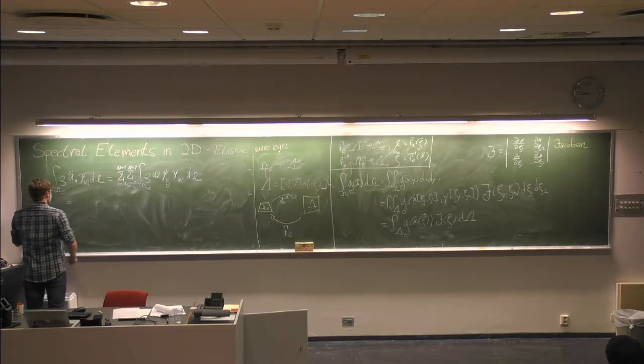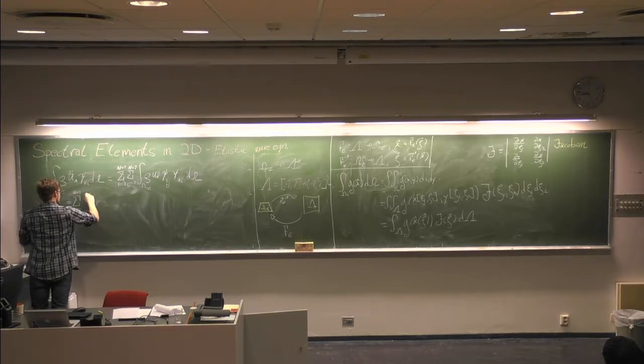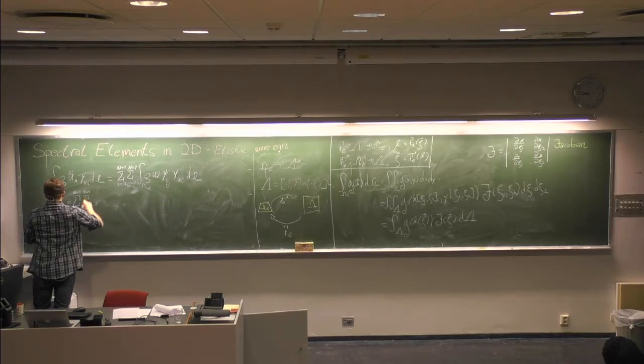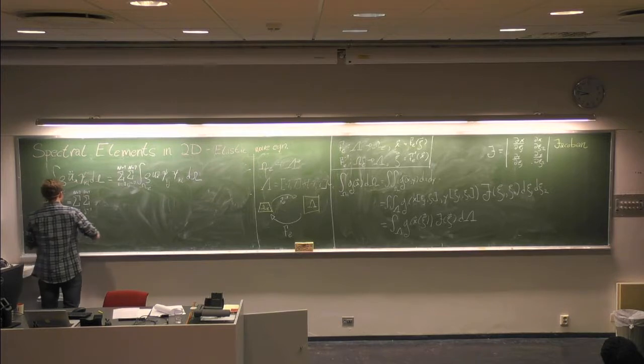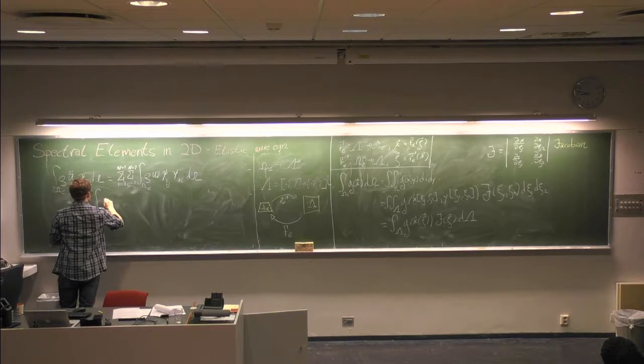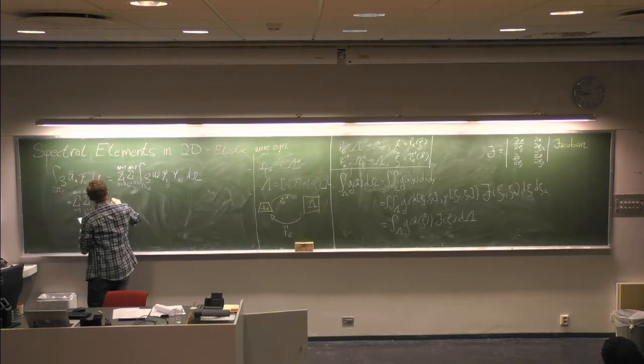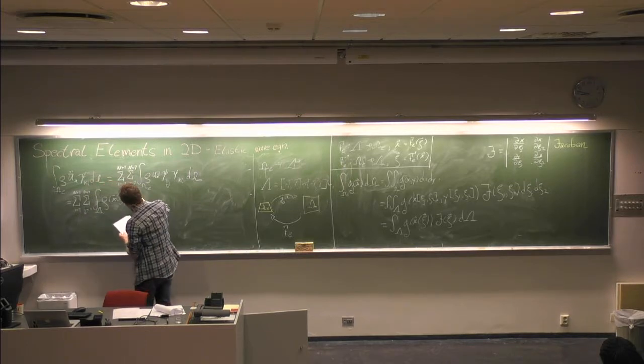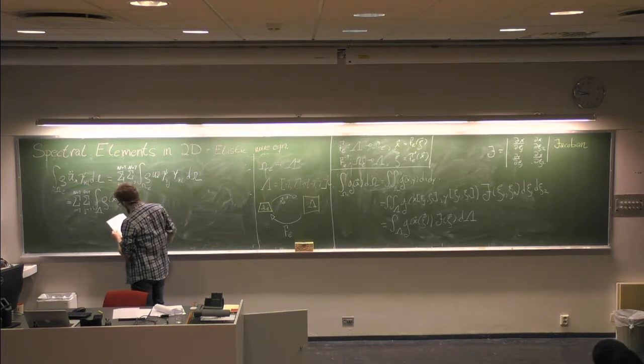Then we get, again, a double sum over i and j of rho of x, psi, u x, ij, and only of time.